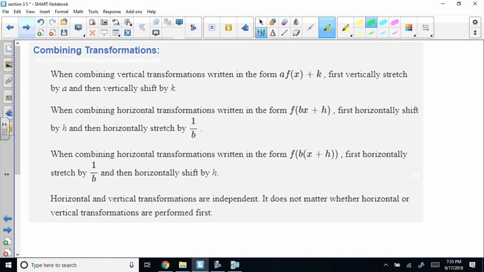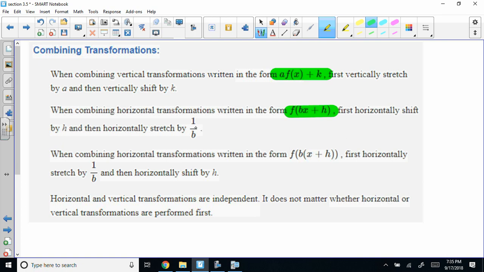Oh, my bejeebies. Look right here. Now, hey, we can get the shift up, right? But what's that first one doing? That's a stretch because it's A times it, right? What about this one? That's a compression and a shift left or what? Right.